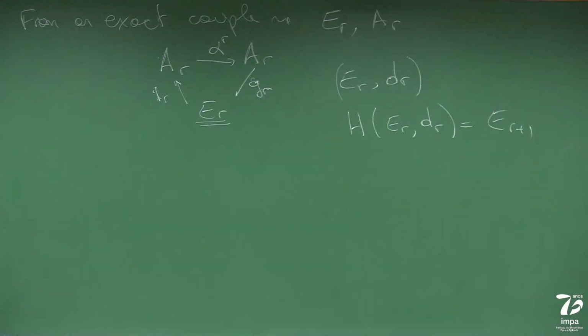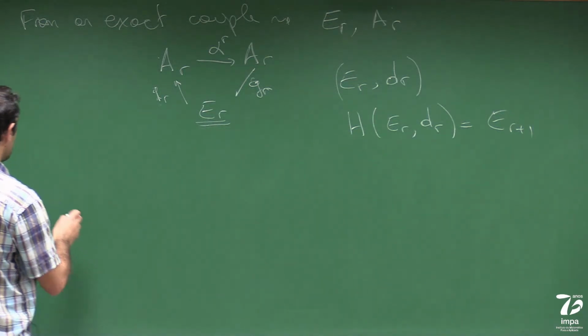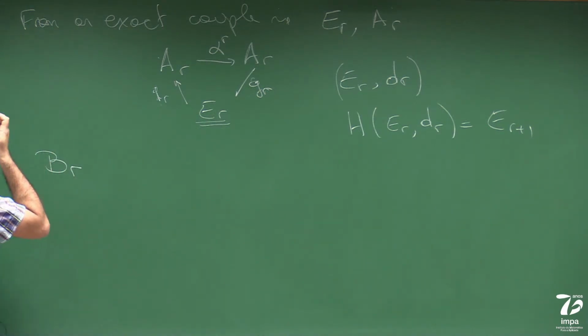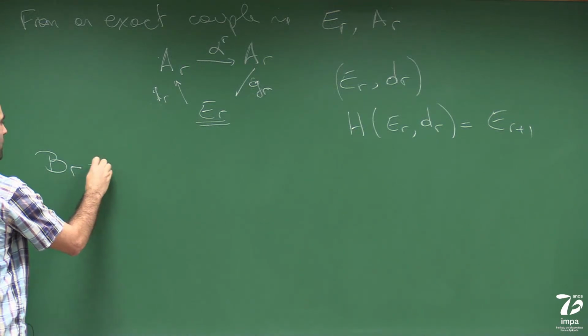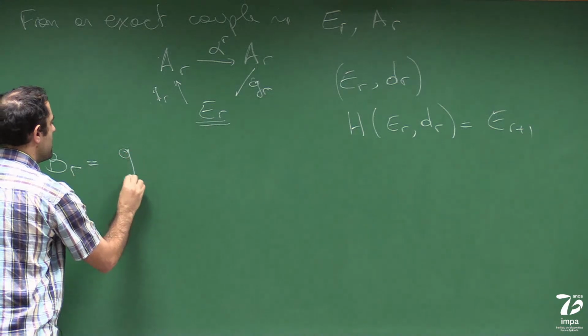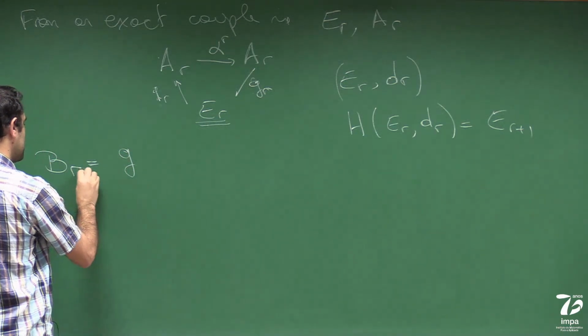Now, we can make the following definition. We can look at B^r to be the image under... well, let's do the next one.